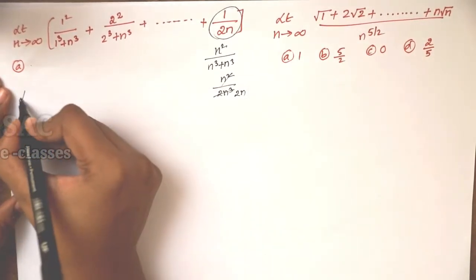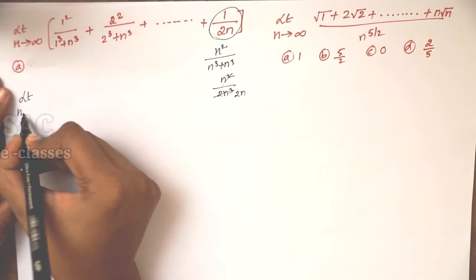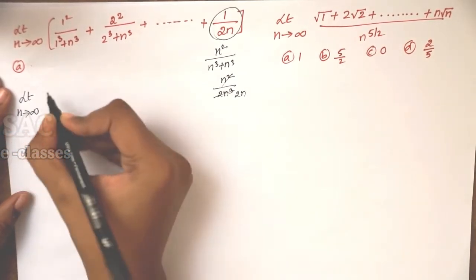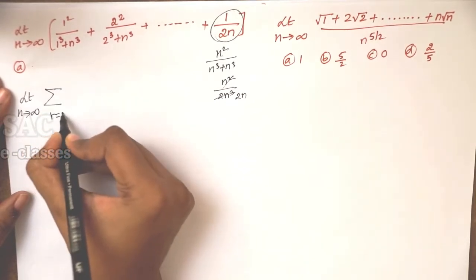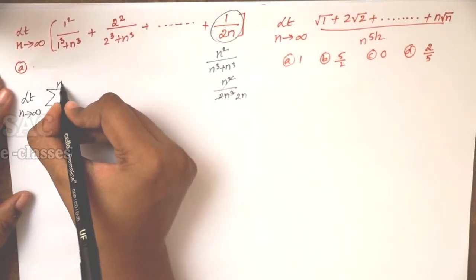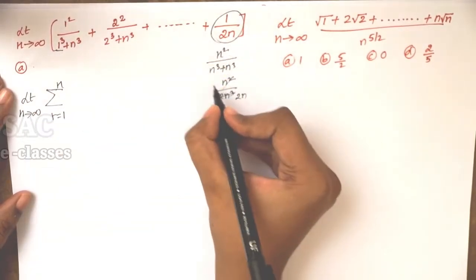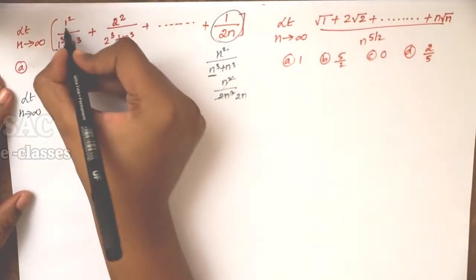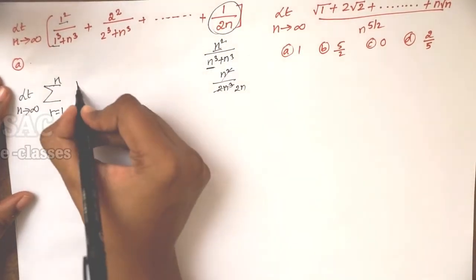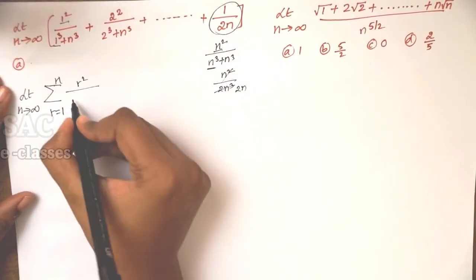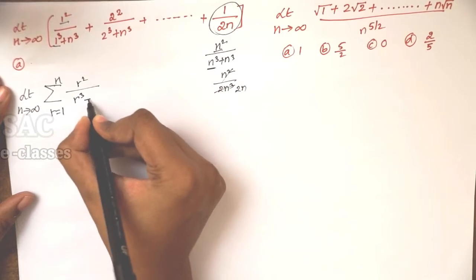So what we have to write? Limit n tends to infinity, sigma r equal to 1 to n. So what can I write here? r square by r cube plus n cube.